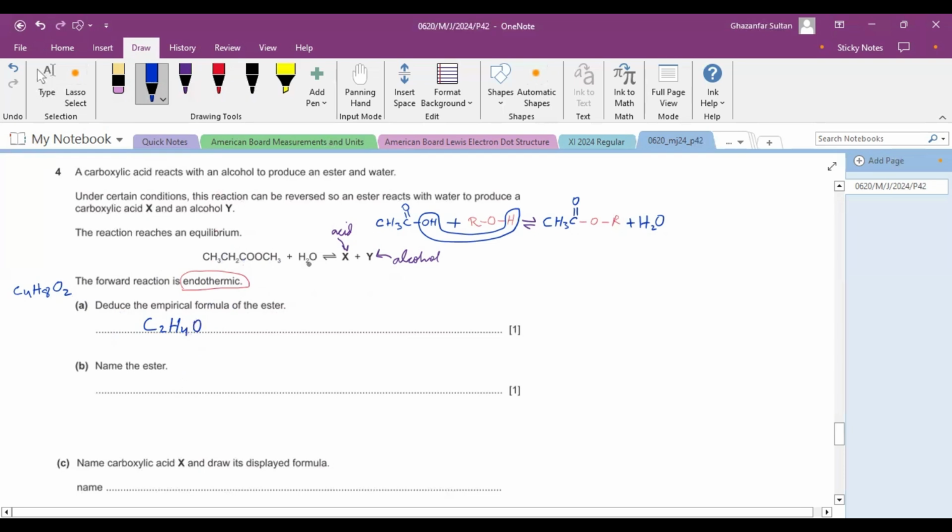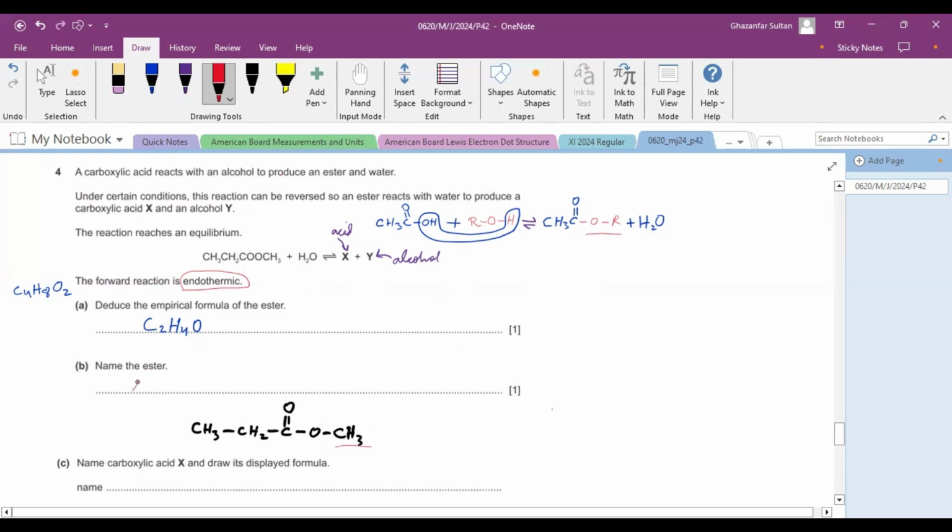Now name the ester. How can we write the name of an ester? If you see, this is the structure of this ester. I have written it in an open form. Here I told you that this part comes from an alcohol, and the part that comes from the alcohol here is CH3.